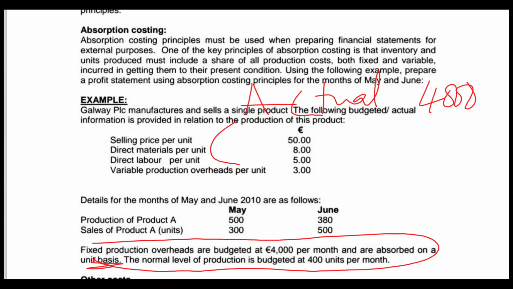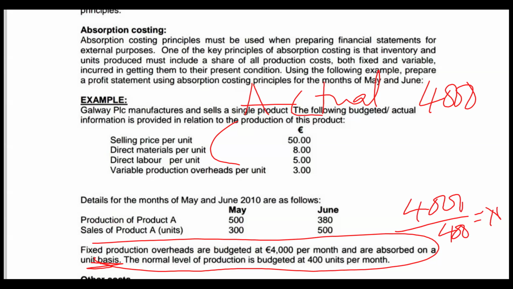So you just divide the fixed production overhead by the basis of absorption, which in our case is units. We are told that the units budgeted are 400. So you divide the fixed production overheads of 4,000 by 400, and that gave us 10, right?